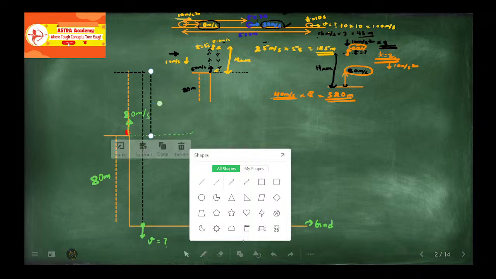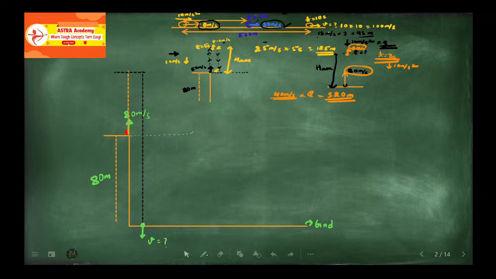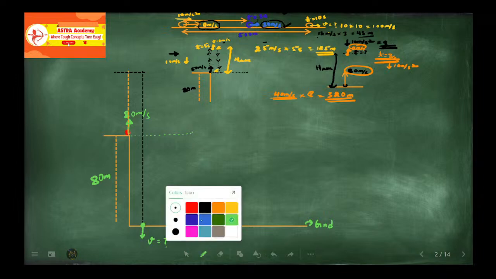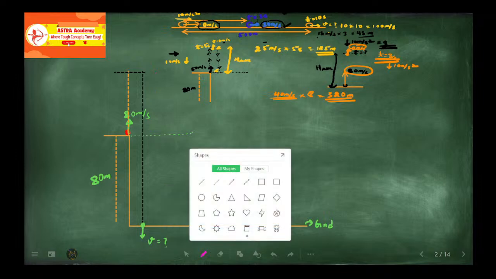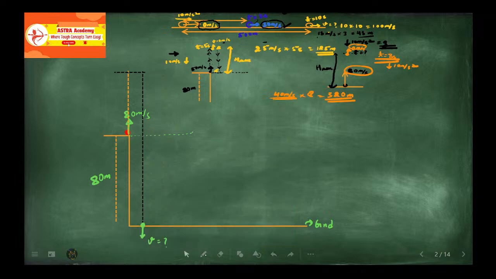Now if they want to elevate the level of the question, they can ask what is the maximum height of the ball from the ground as well. So we have to do nothing but add 80 meters, because if we add 80 to this distance, we will get the total distance. I hope you can observe this fact.